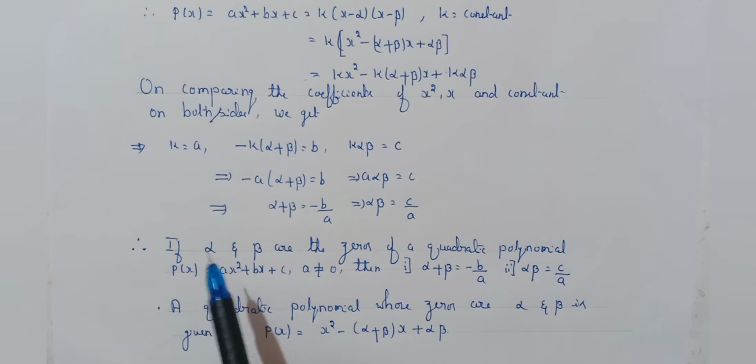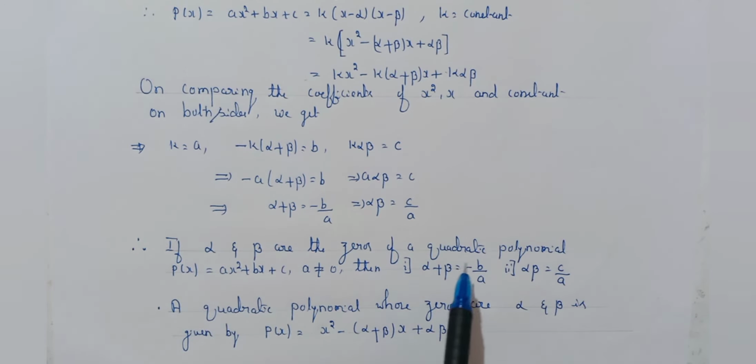And therefore, if alpha and beta are the zeros of a quadratic polynomial p(x) = ax² + bx + c, where a is not equal to 0, then the sum of the zeros, alpha plus beta, is equal to minus b by a, and the product of the zeros, alpha beta, is equal to c by a.